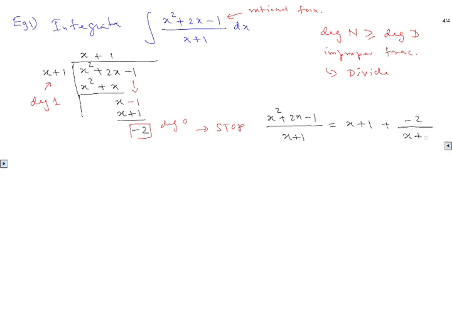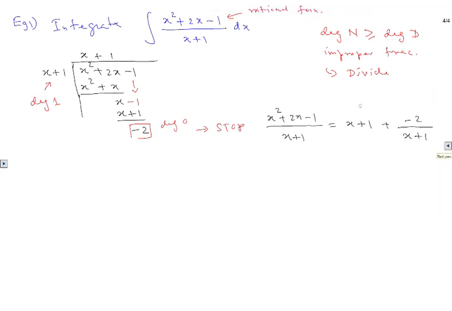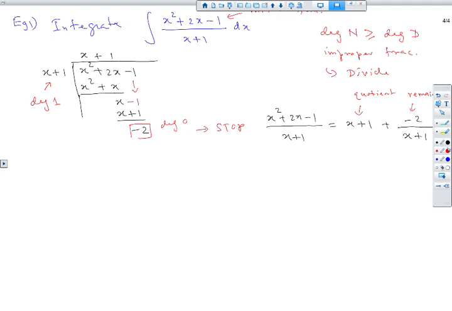The divisor is x plus 1. So this is how we write it, the quotient and the remainder. That's the quotient, and this is the remainder. So now we can finish the rest of the problem.